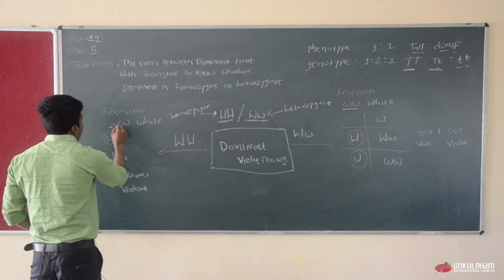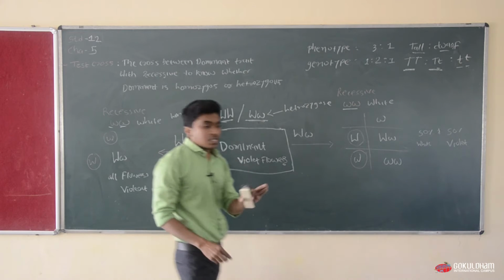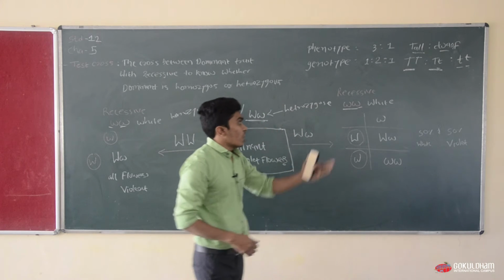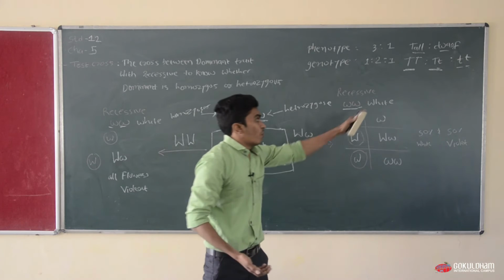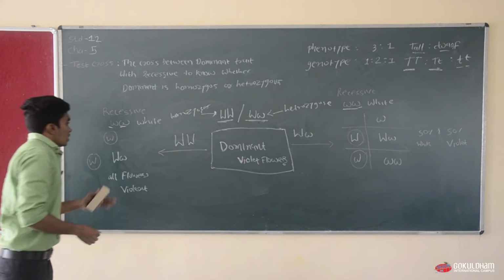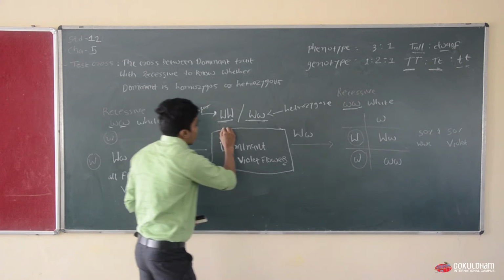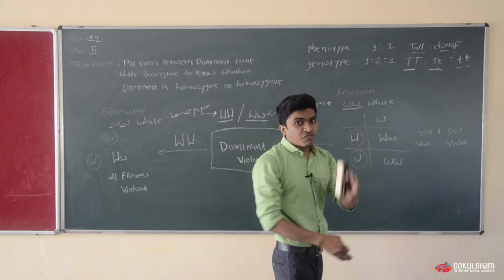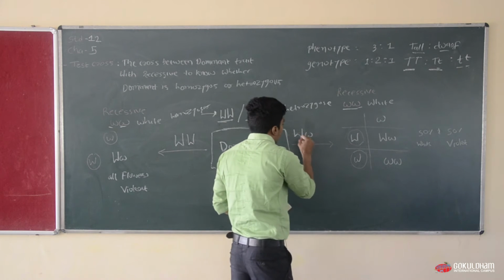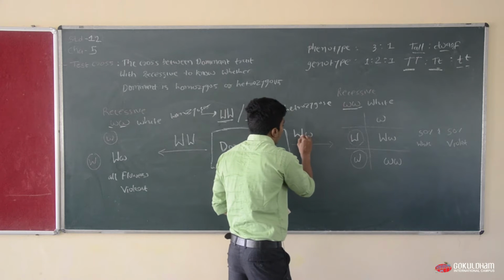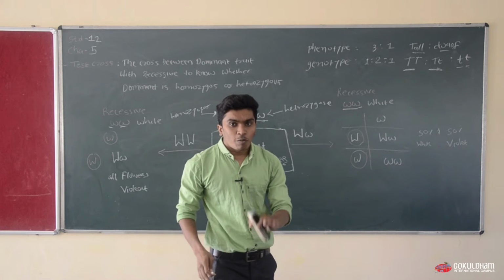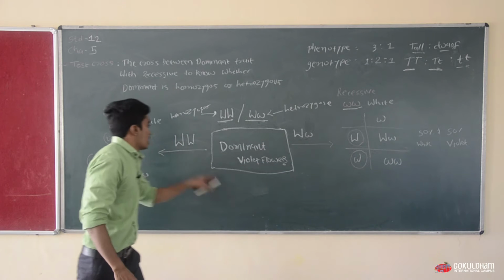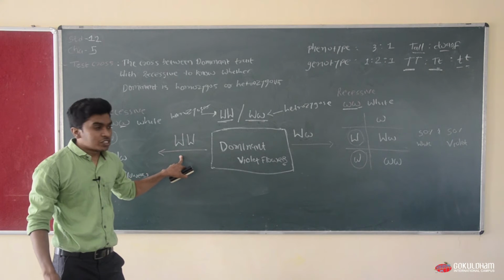Both are small w, which stands for the recessive trait white. This dominant is crossed with the recessive white. There can be two possibilities in the dominant character: one is hybrid or heterozygous, and the other can be homozygous.